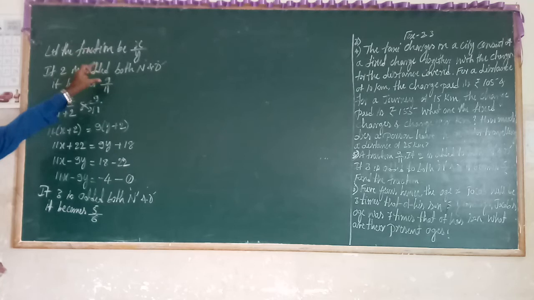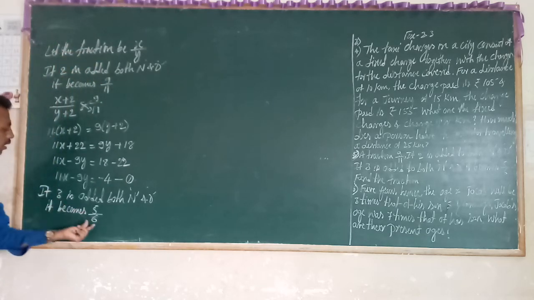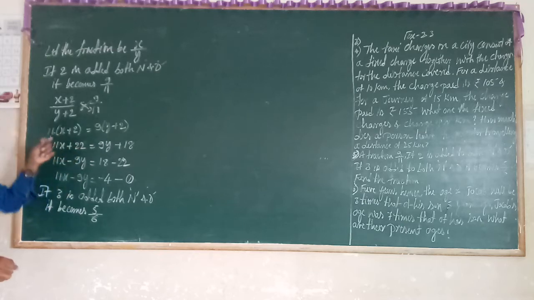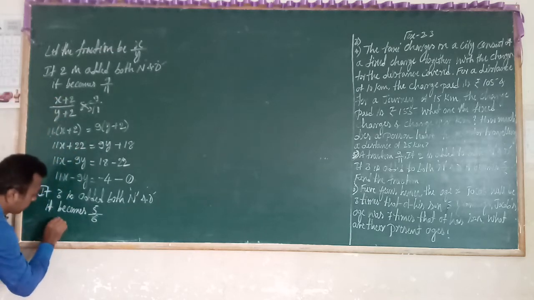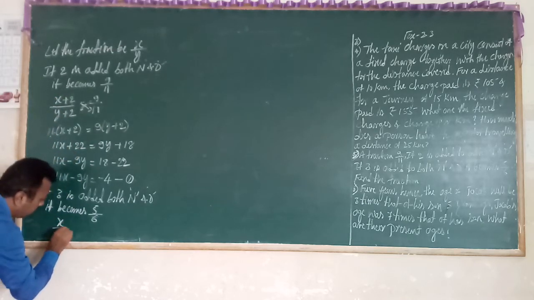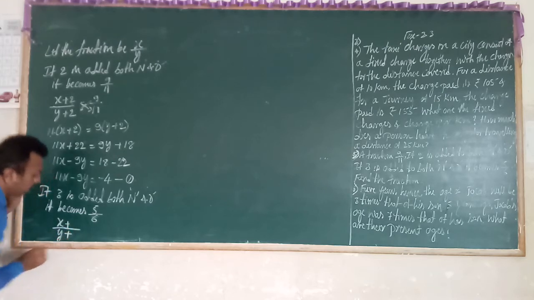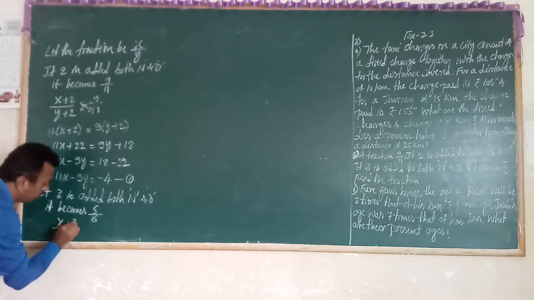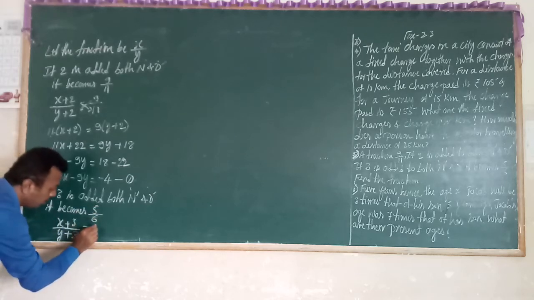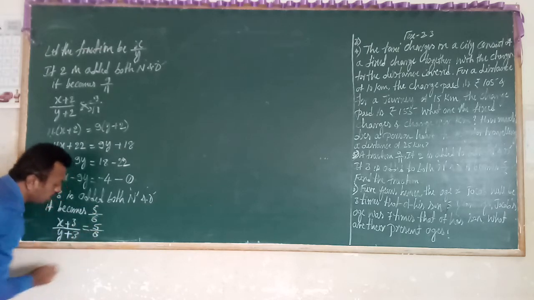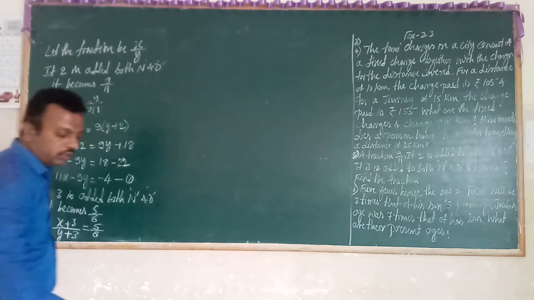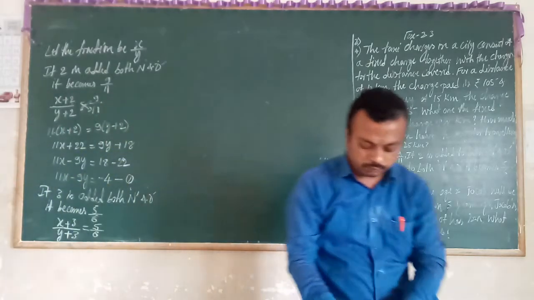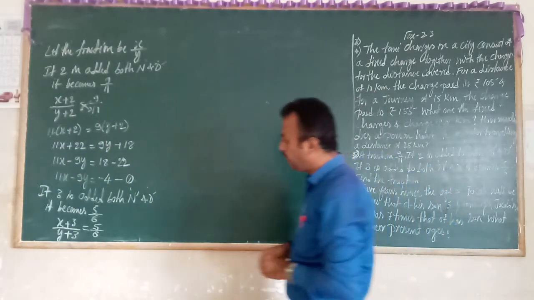To this fraction we should add 3 to both the numerator and the denominator. Then the fraction has become 5 by 6. Same. So x by y, we add 3 to both numerator and denominator. It becomes 5 by 6. Now I will do the cross multiplication. What does it become? See, x plus 3 into 6.